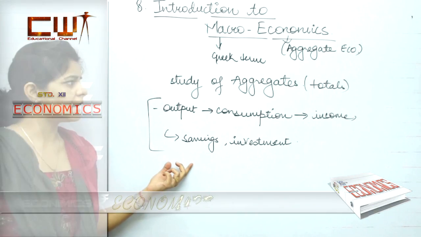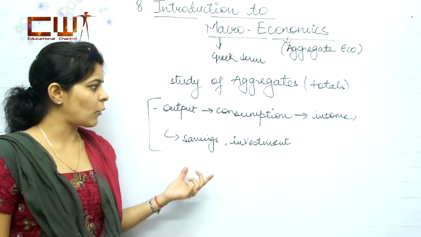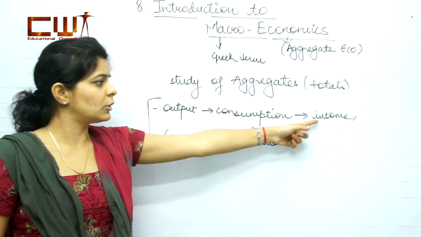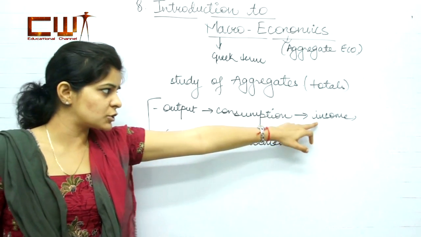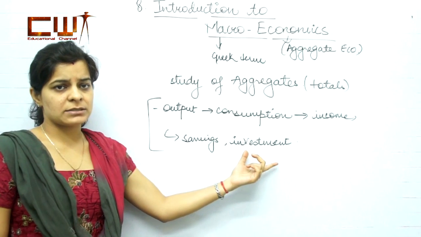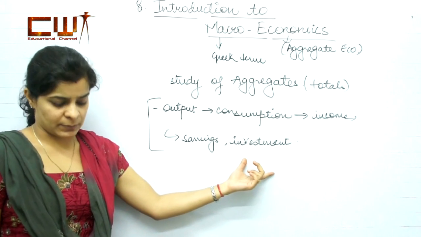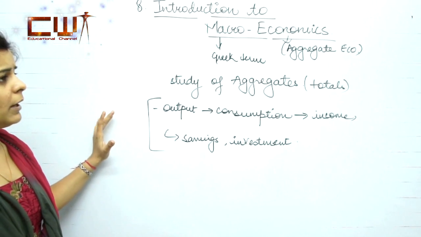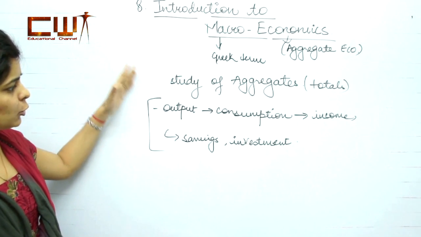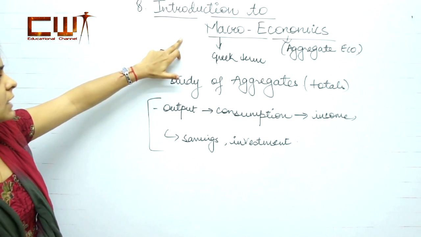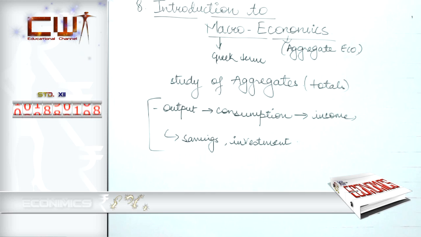You study the total output, the total consumption, the total income of the country, that is the national income, total savings and total investment, that is the aggregate savings and aggregate investment in the country. You also study the total employment, and if there are any problems relating to any of these issues, how the problems will be solved. It is all studied under macroeconomics. So it helps to solve all the problems.